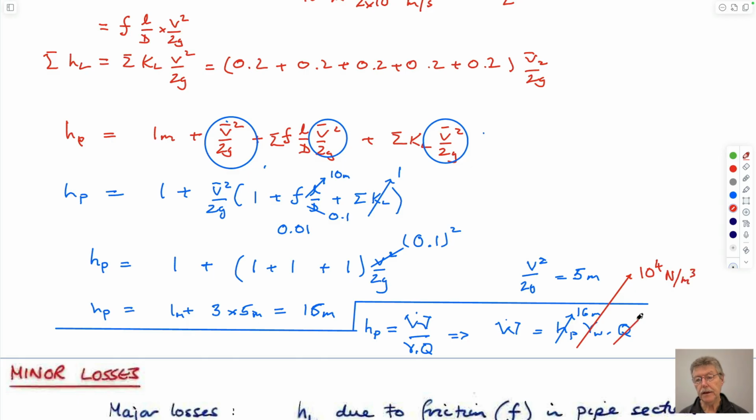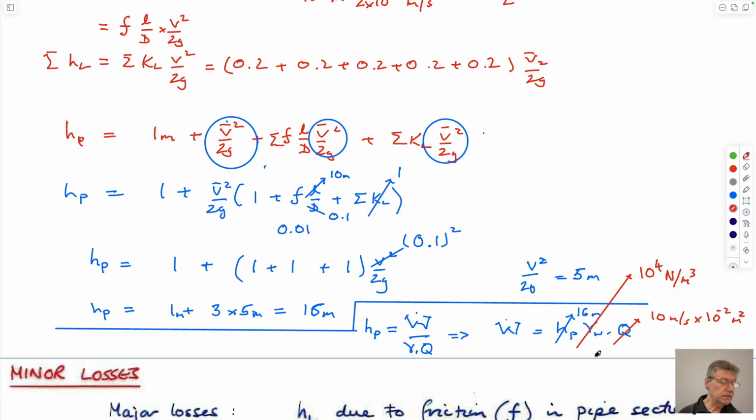And volumetric flow rate is equal to 10 meters a second multiplied by 10 to the minus 2 meters squared, right? Our diameter is 10 to the minus 1. Diameter squared gives us this.